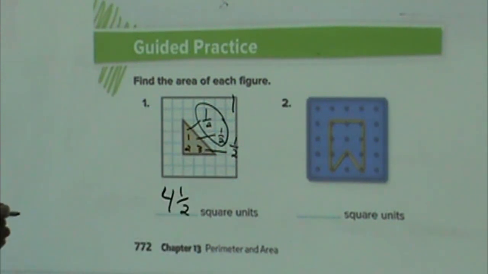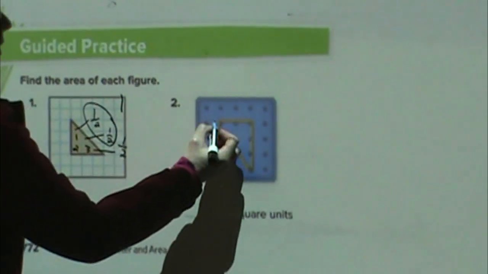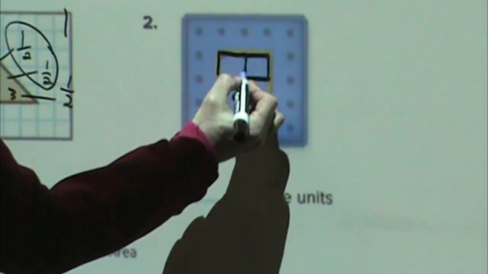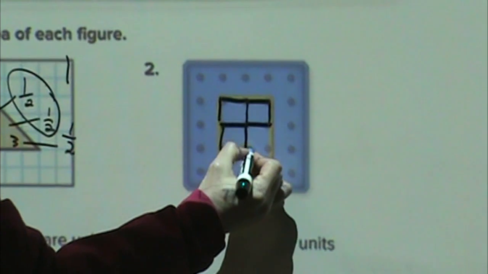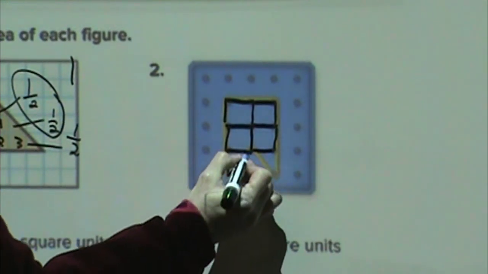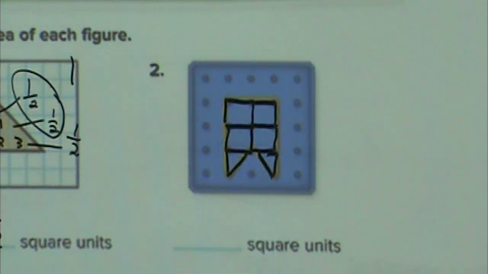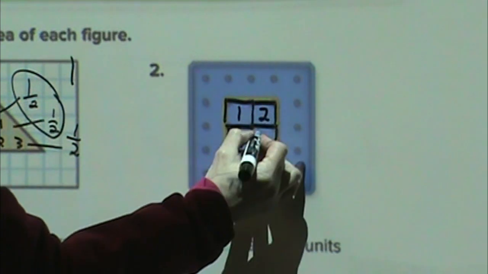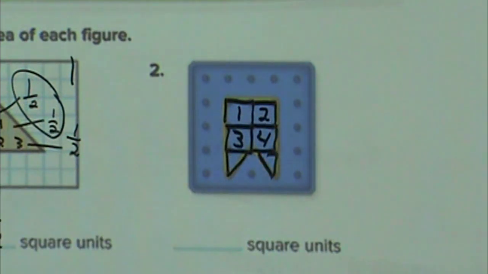On the geoboard again, go ahead and color in the squares so that your eyes can see them better. And let's go ahead and count the wholes first. 1, 2, 3, 4 wholes.